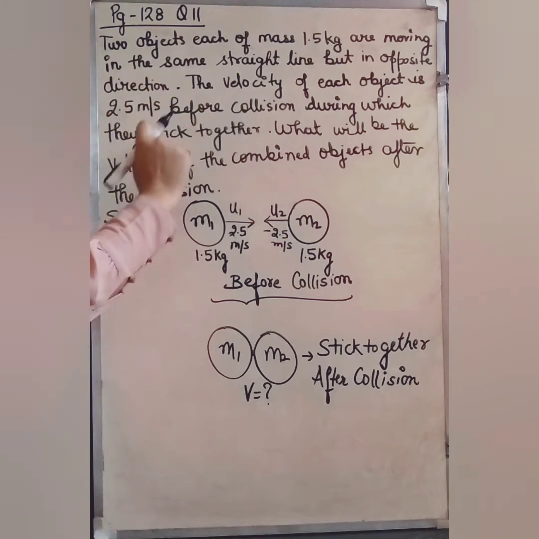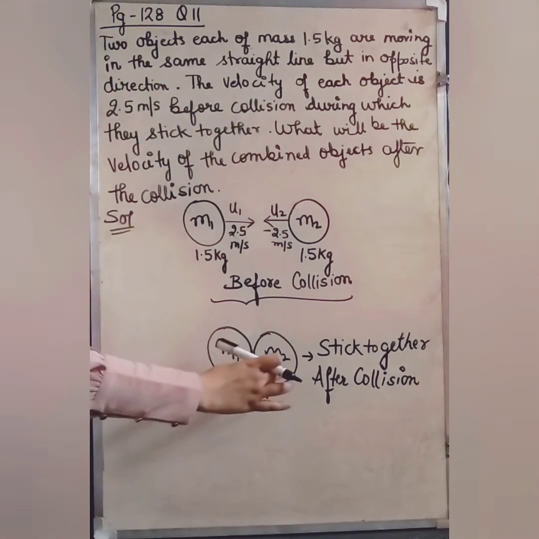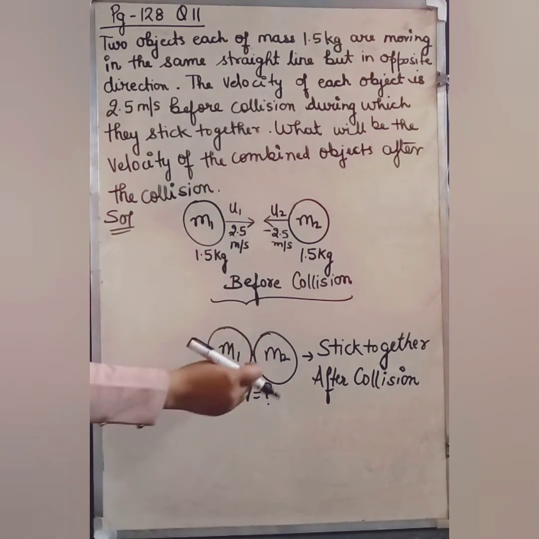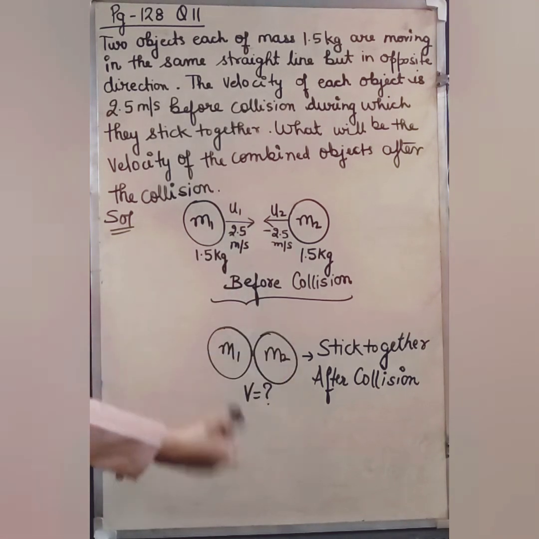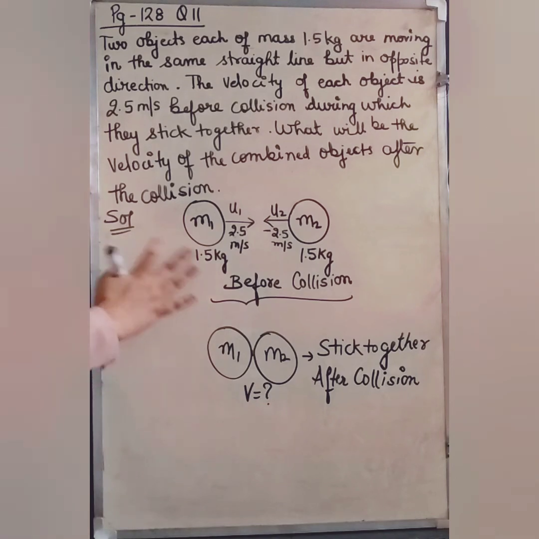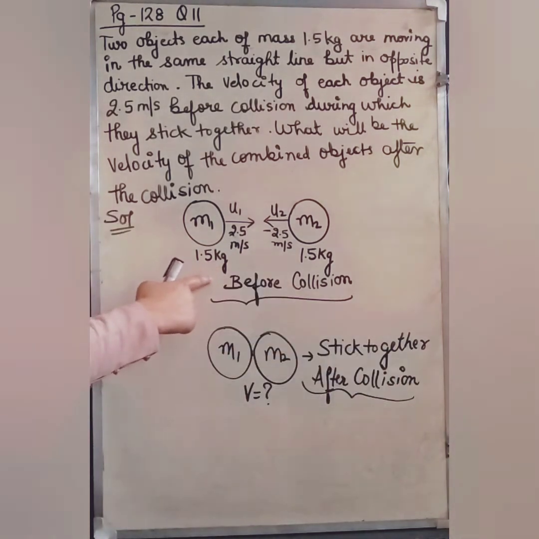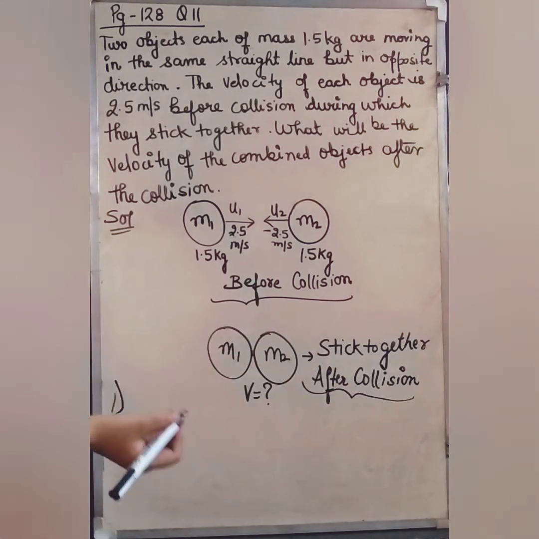Now after collision they stick together, these two bodies stick together and we have to find out with what velocity these two bodies will be moving after collision. So again here I have two situations, that is before collision and after collision. Similarly I will take the first situation, that is before collision.